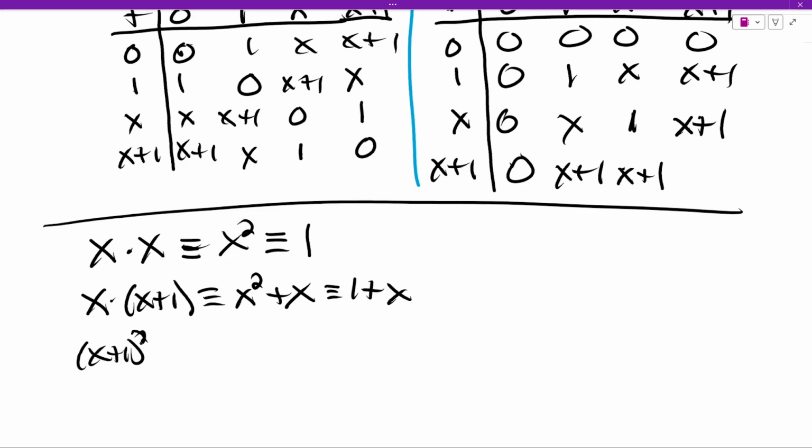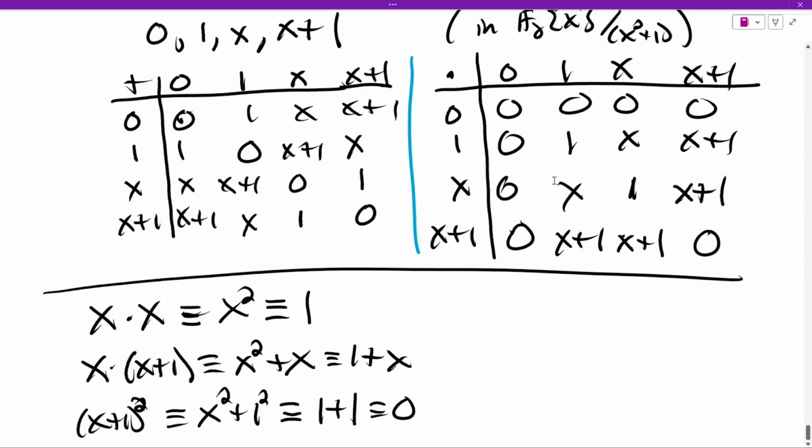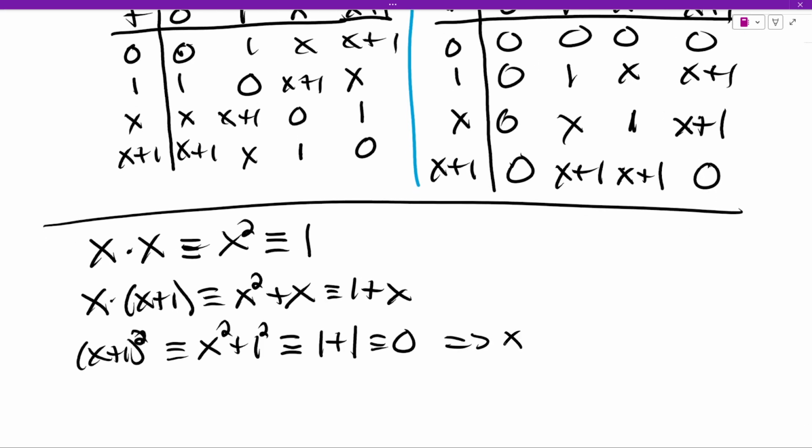Well, this is over F2, so the freshman's dream holds. There are no cross terms. And x squared is equivalent to 1, and 1 squared is 1. And 1 plus 1 is 2, and that's 0. So here is our ring structure, at least the multiplicative part. We have that x is invertible, but x plus 1 is not invertible. In fact, x plus 1 times x plus 1 is 0. So this is saying that x plus 1 is a zero divisor.